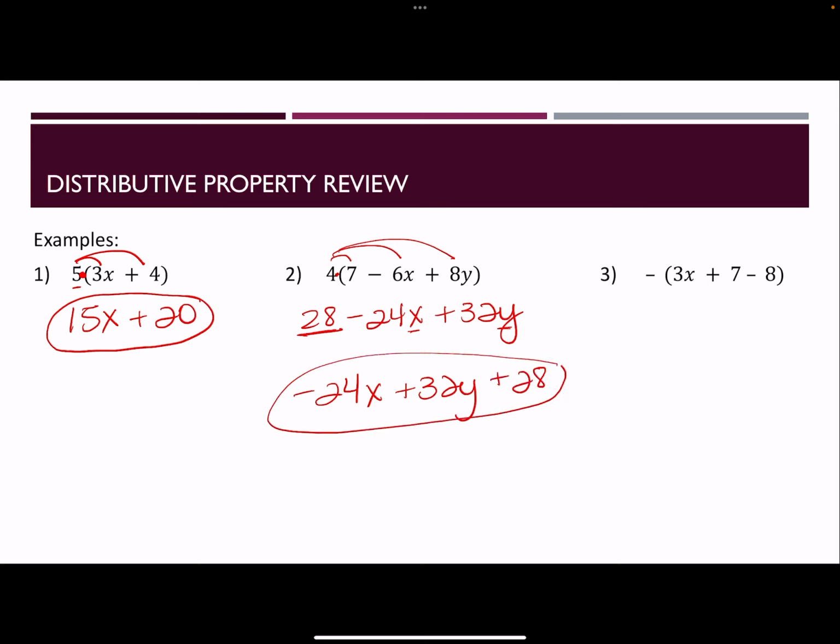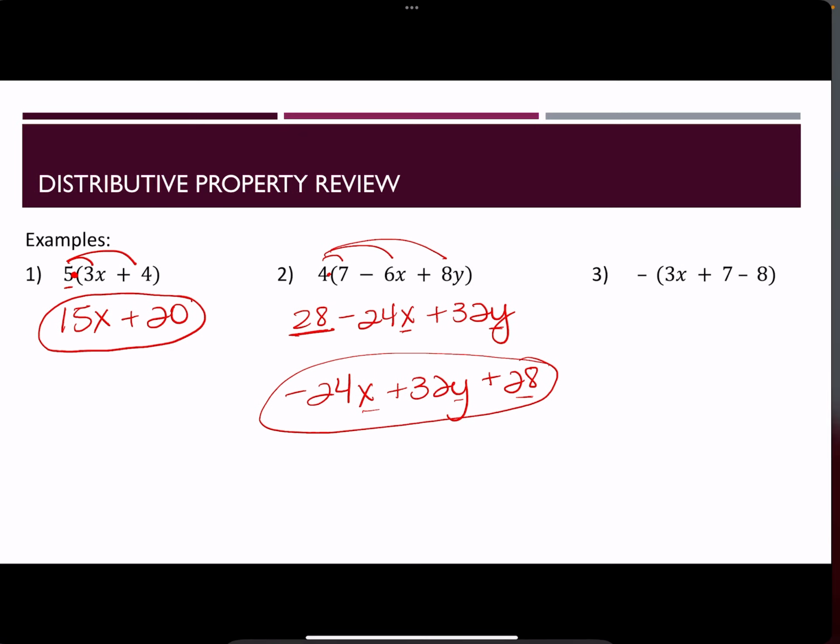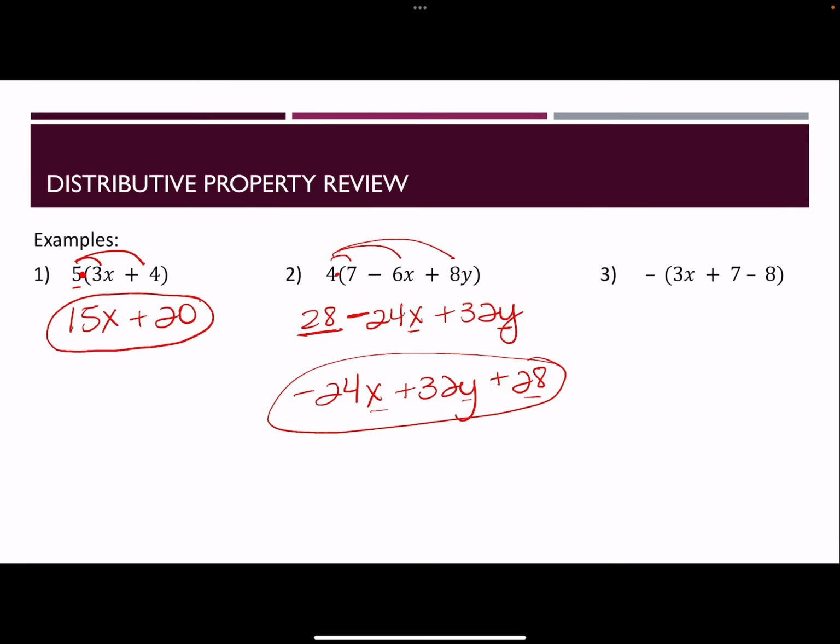So now this is in alphabetical order, like x, y, constant, right? And also I want you to keep in mind, the 24 was negative to begin with. So when I write that term in front, I need that negative. This 28 that was out in front was a positive. So when I write it in my answer, there's a plus sign in front of that 28, right?